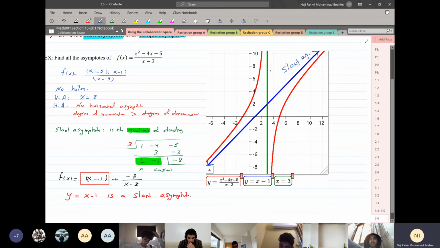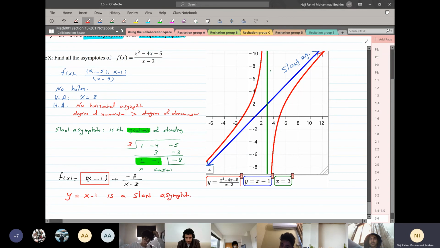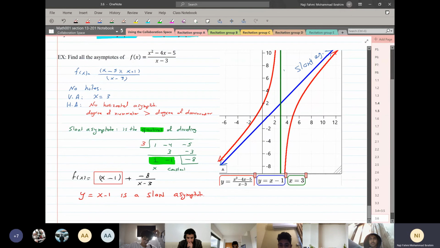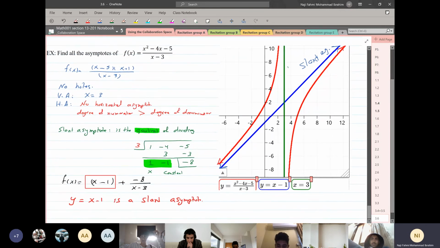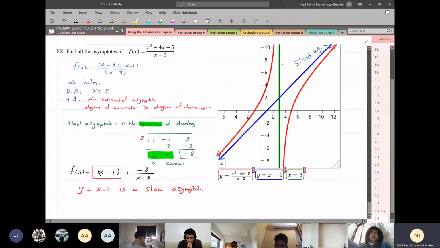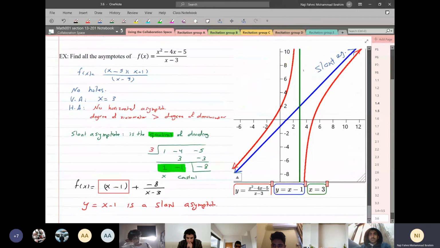Can you see that the red curve is getting closer and closer to that blue line? Yes. And it's not touching? So this is the meaning of a slant asymptote. Again, I will repeat, when will we have a slant asymptote? Anyone can answer this question for me?